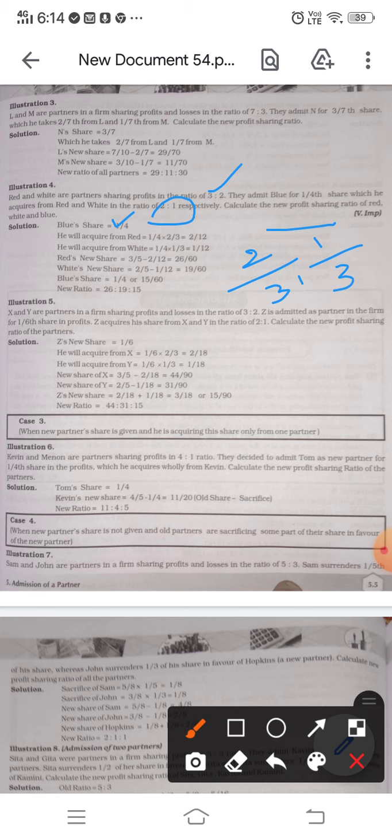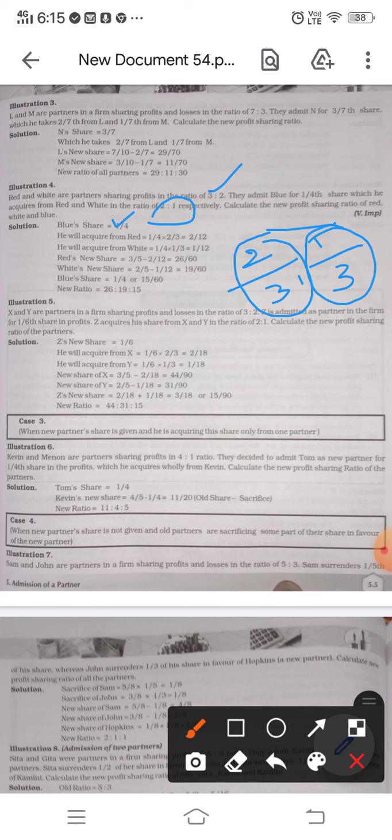So Blue is purchasing 1/4 into 2/3 from Red, and from White 1/4 into 1/3. So from Red, 2/12 share is purchased, and White is sacrificing 1/12.